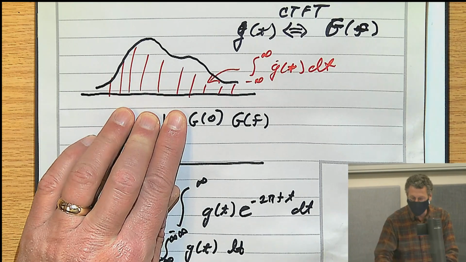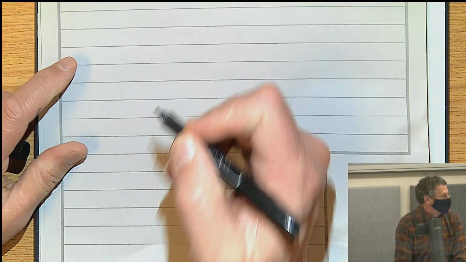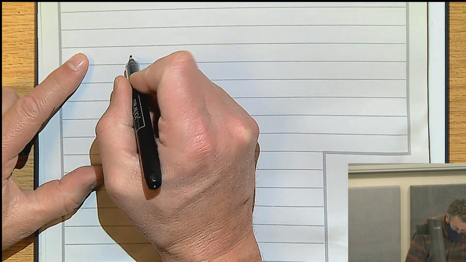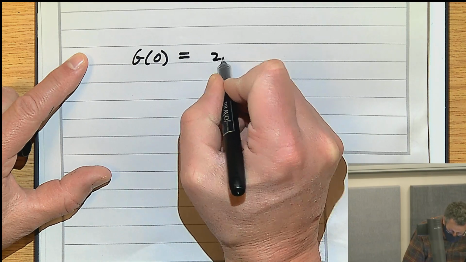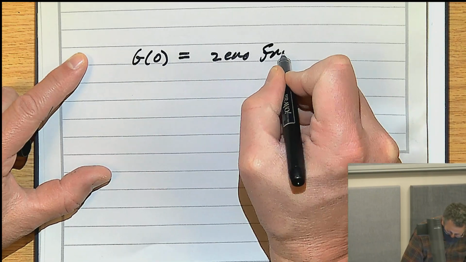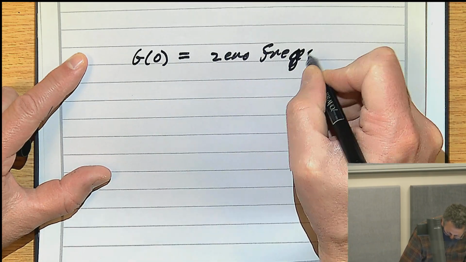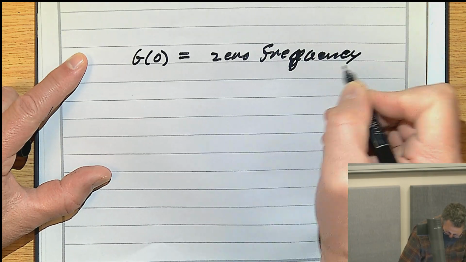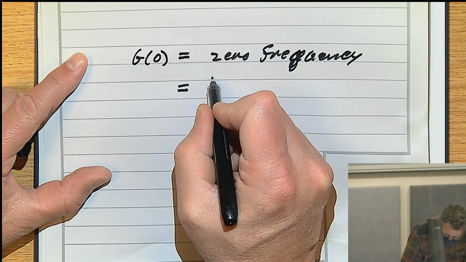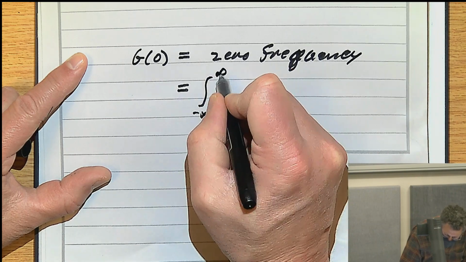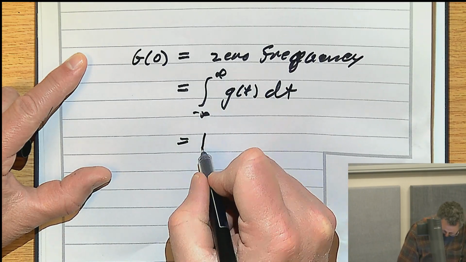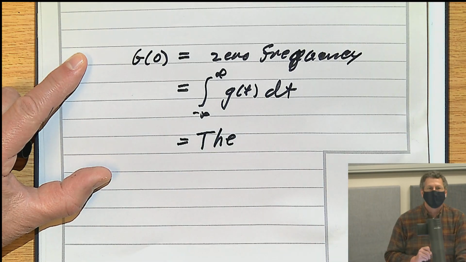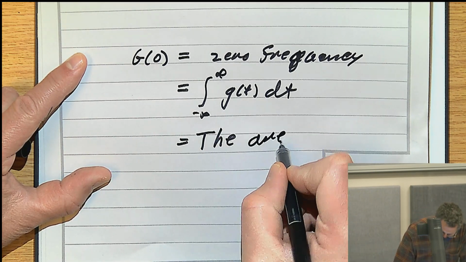Let's just say that for the purposes of Pavlovian training. So g of 0 equals the 0 frequency, equals the integral from minus infinity to infinity of g of t dt, which is the area under the curve.